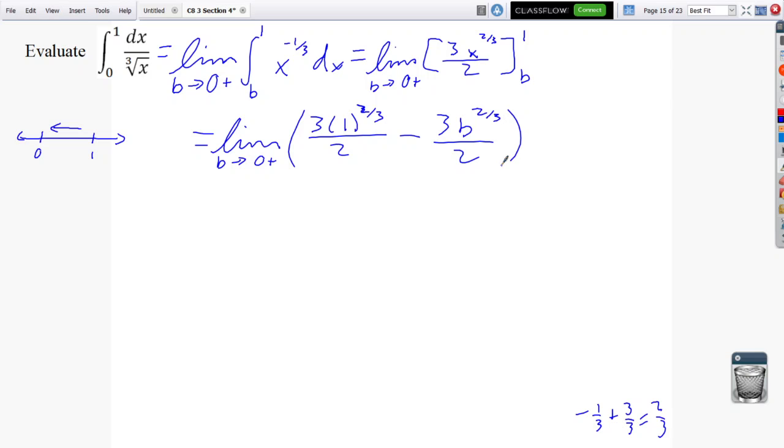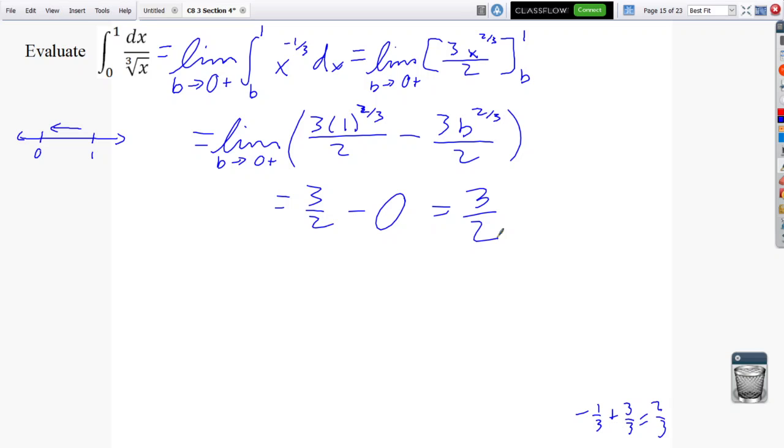Now evaluating this, 1 to the 2/3 power is 1. 1 times 3/2, I get 3/2, minus, I'm just going to direct substitute. Let's see if direct substitution works here. 0 to the 2/3 power is 0. 3 times 0 is 0. Divided by 2, that's 0. So I can see that this improper integral converges to 3/2.